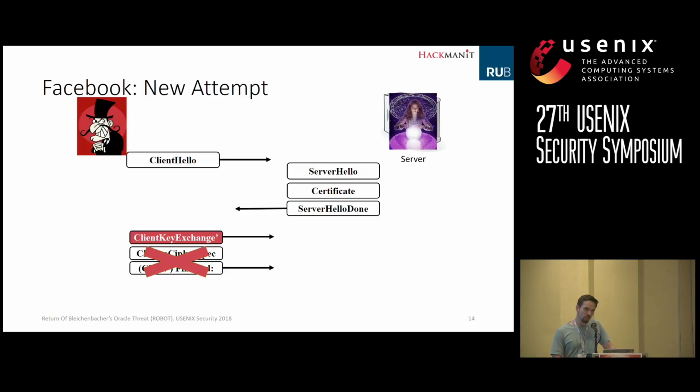In case these messages were sent, the Facebook server always responded with general alert messages. But once these client messages were not there, the server just responded with a TCP reset in case the client key message was invalid, or the server responded with a timeout. So the server waited for further messages.